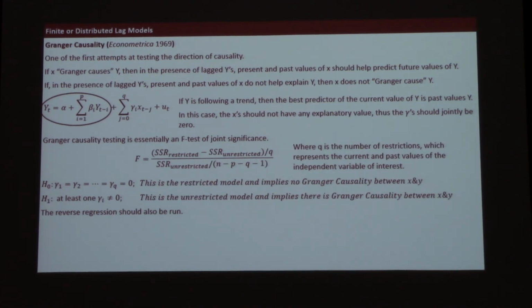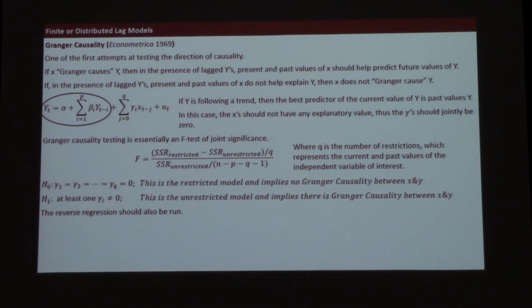And if sales are just following a trend, then most of our explanatory power, our best explanation of future sales, should just be past sales. That's fine. But we're also saying that here's gamma 0, and this is going to be advertising. And then gamma 1, advertising in t minus 1.